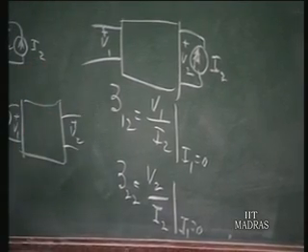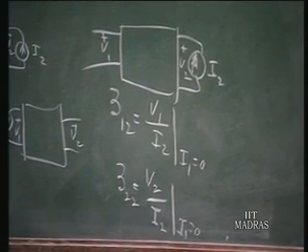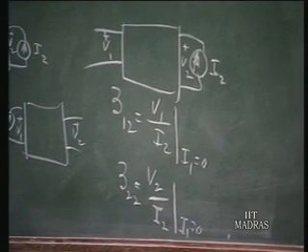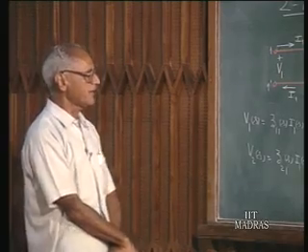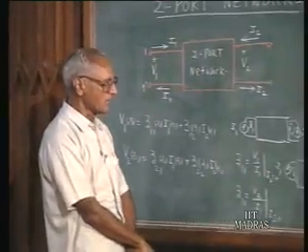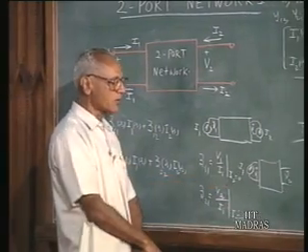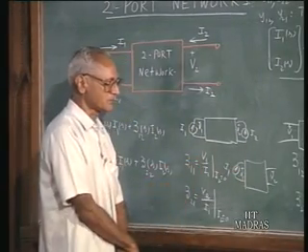So, these definitions are completely in parallel with the defining relationship for the Y parameters, except now the currents are the excitation sources, and therefore, we also observe that if this current I1 is made equal to 0, both the terminals are open.